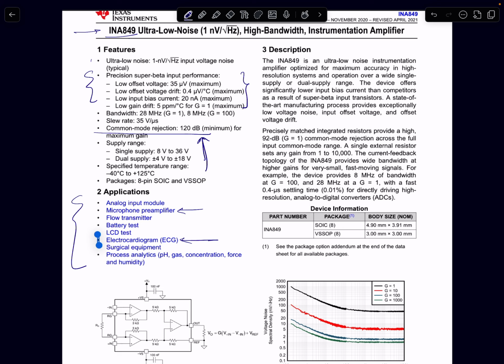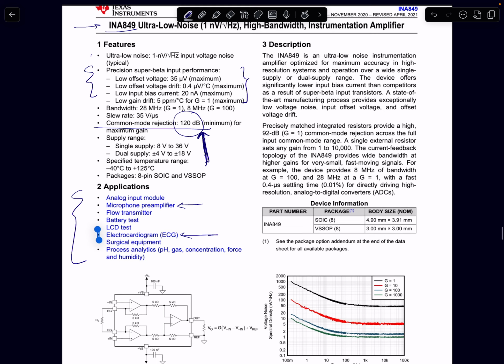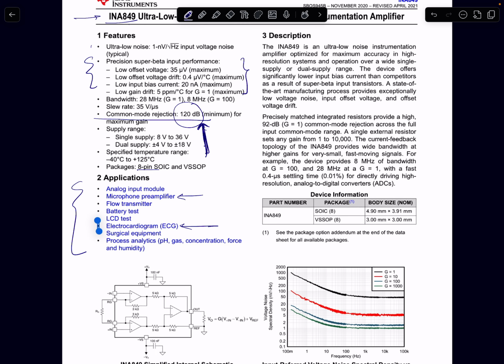Okay, they said it's at minimum, for whatever gain settings you choose, CMRR is usually dependent on the gain settings as well, but CMRR is very important when your gain is very high. And the minimum value of CMRR here is given to be 120 decibels. Again, this is an 8-pin chip. I'll show you guys a list of different chips available from TI.